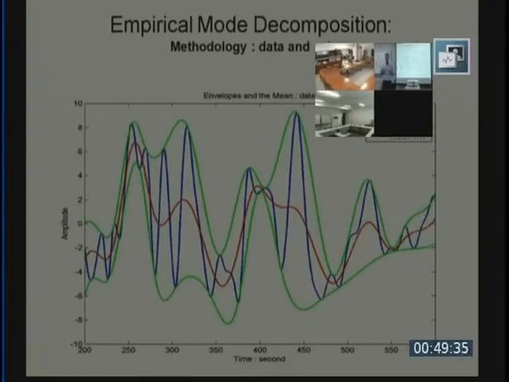But for a non-stationary process, the duration becomes important. So here, I did not invoke duration. I only use the upper and lower envelope to define this mean. And this mean is the local mean. The local mean is an oxymoron.